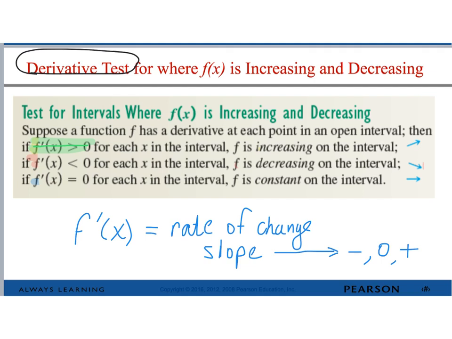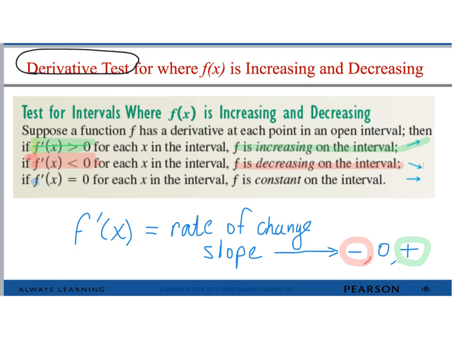So if the derivative is positive, then we say that f of x is increasing. And if the derivative is negative, then we say that the function is decreasing on that interval.